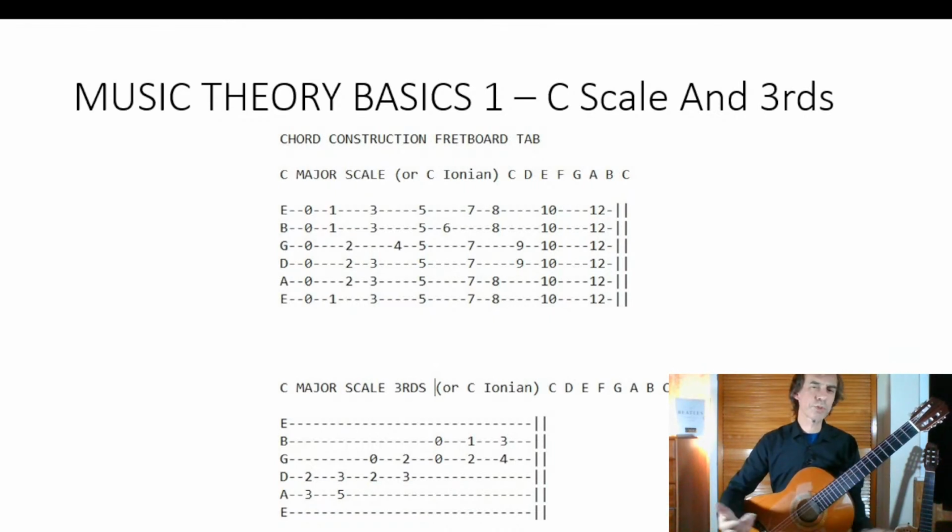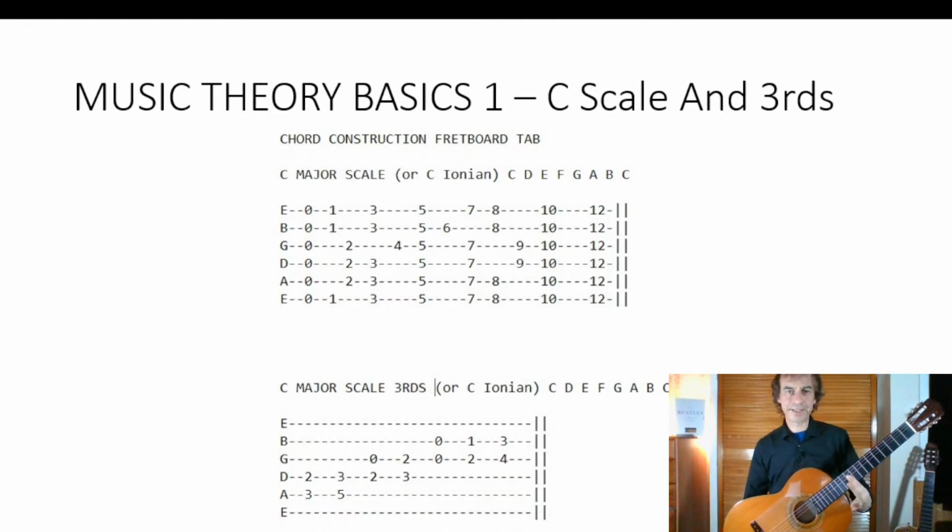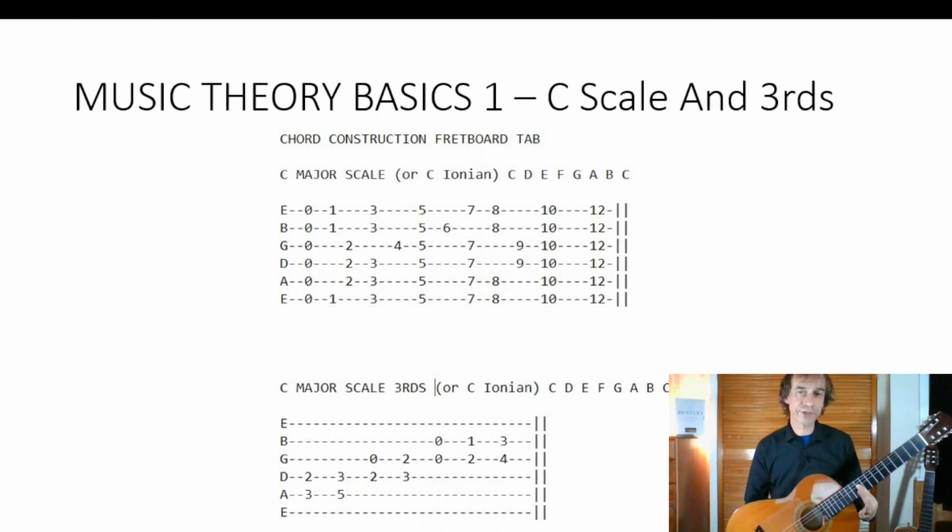Now, if you're wondering how this will help you, if you had a chord that goes 10, 10, 10, 10, and you're trying to think, well, what scale could this belong to? Well, if you know your C major scale, that might be a chord that belongs to the C major scale. And it turns out it's D minor 7, which is chord 2 in terms of the 7 chords.